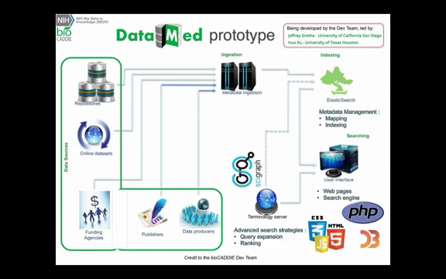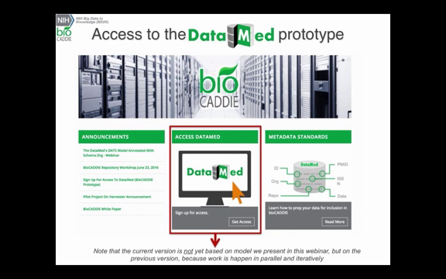The reason I wanted to show it is especially to illustrate that the prototype needs to have a model designed for representing the metadata, and to develop ingesters to extract the data from existing repositories, and that's why the searching interface and so on and so forth. If you are interested in accessing and viewing the current prototype, DataMed, from the home page, you will have access to it.